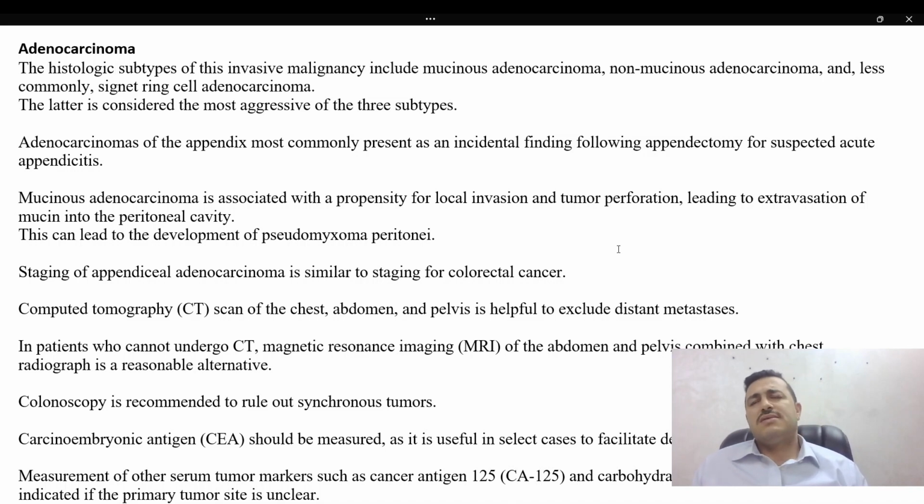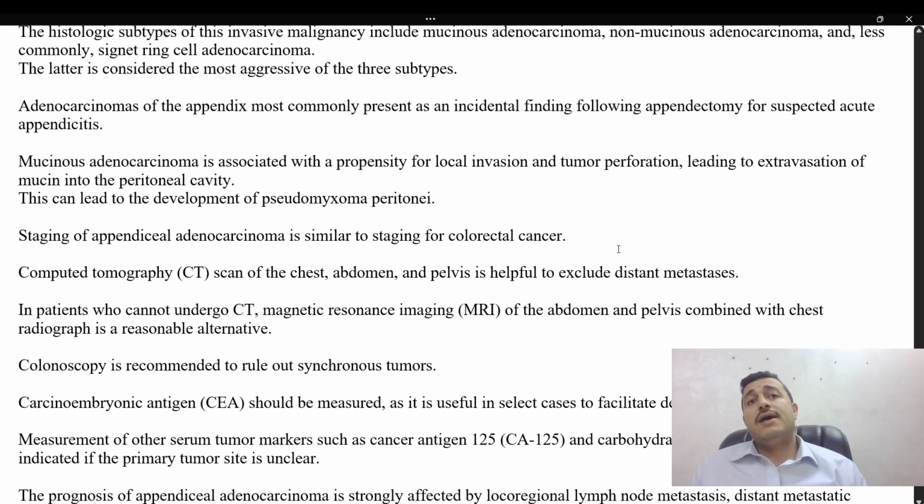Some studies say that even in patients with more than T1 tumor, we can proceed with just appendectomy, and the survival is the same. But when we compare the risk of right hemicolectomy to the risk of lymph node metastasis, it's better to proceed with right hemicolectomy.